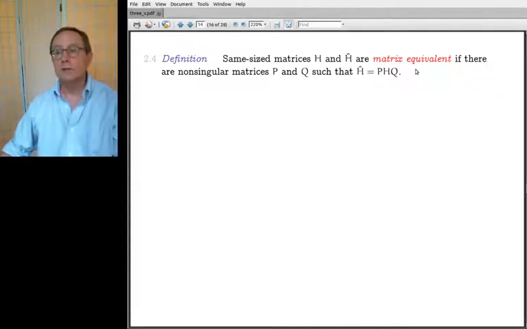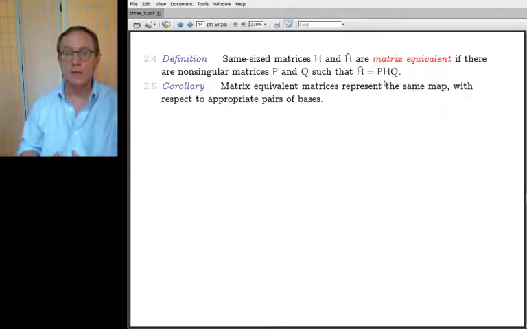So two matrices are matrix equivalent if they have this relationship, and of course I'm interested in that relationship precisely because we're interested somehow in maps. So we're taking the point of view here, not to the exclusion of all other points of view, that the primary objects are maps, and that the matrices are used to compute things about the maps.